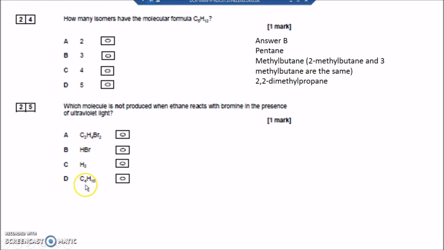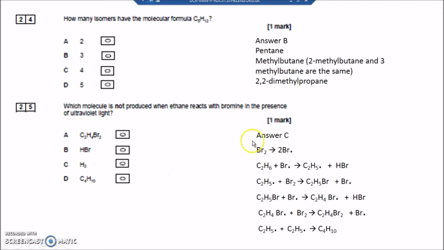So that's a possibility. And you know that you might get some termination steps where you get some molecules reacting together. So that's a possibility as well. But at no point do you ever get hydrogen. Let's have a look at the free radical steps then. So your answer is C anyway.